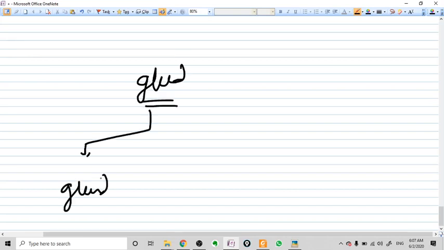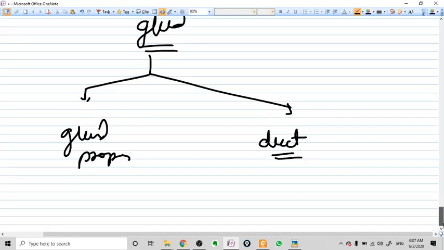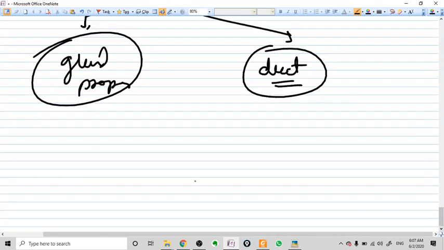So Bartholin gland has two parts: the gland proper and the duct that transmits the secretions into the vaginal opening.